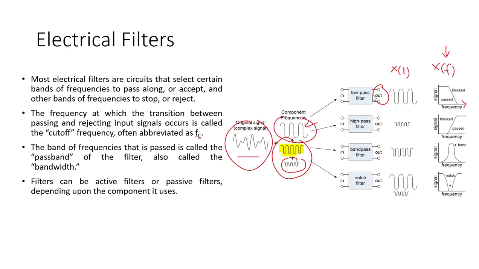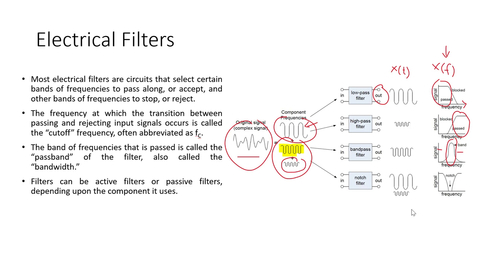So if the frequency is lower, we will have a low pass filter. If frequency is higher, we would have a high pass filter. And if we have a range of frequencies that are being rejected and some are passed, those filters would be known as the band pass filter.